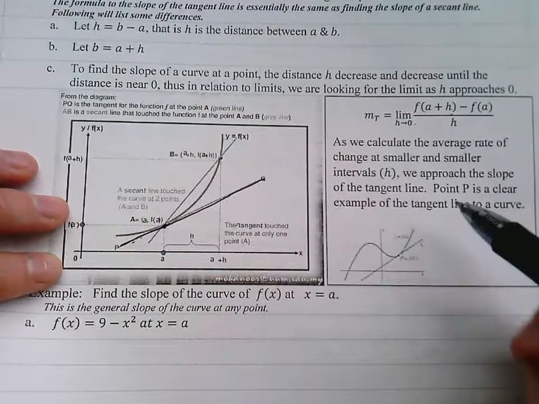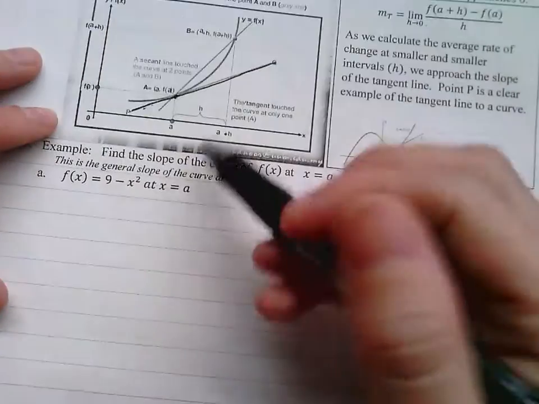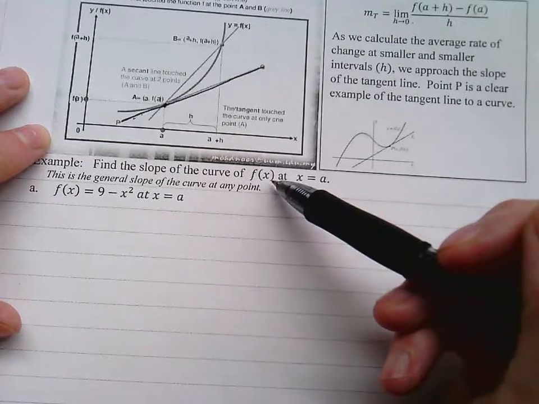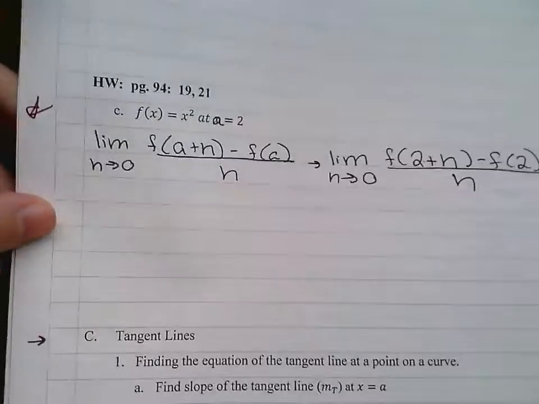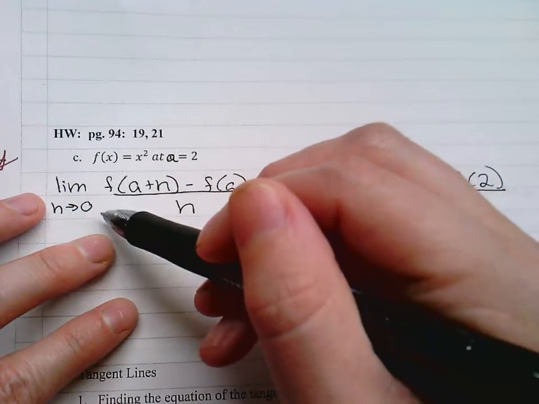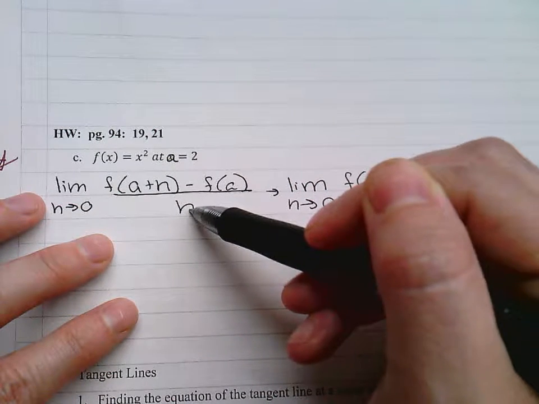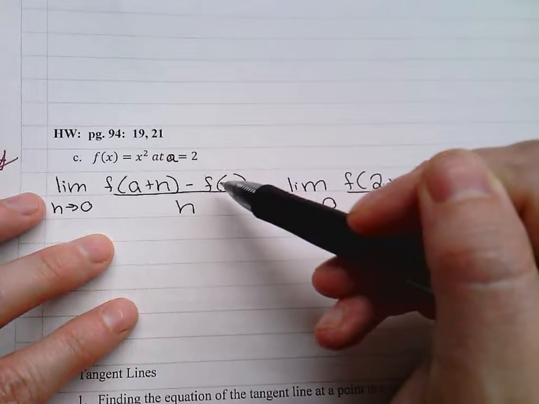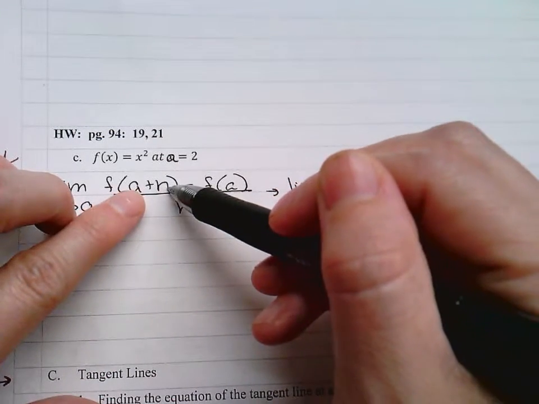So let's find the slope at a point. So we're going to be finding the slope of the curve of f of x at x equals a. Okay, so I started this one. So here's the formula. So the limit as h approaches 0 of f of a plus h minus f of a over h. Two ways you could simplify this or do some algebra. One, go ahead and plug a plus h in here.